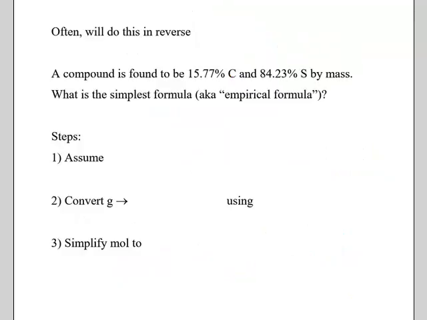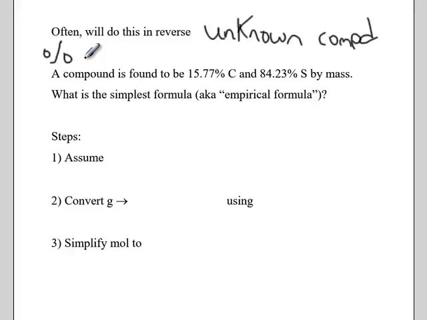Often we'll do this in reverse because we won't know what the compound is. If we don't know the formula of this compound, we want to figure out what the formula is. We want to turn the percents into a chemical formula. So here's the setup of a typical problem.